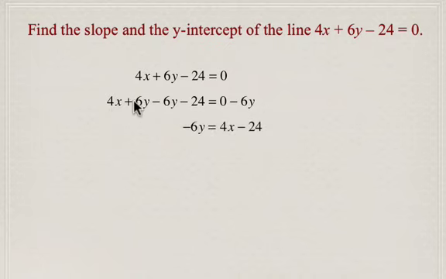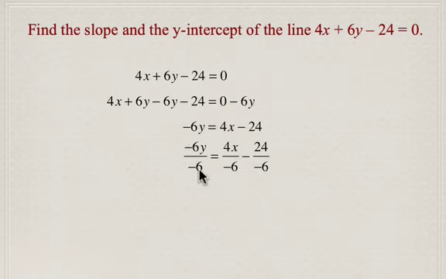And the plus 6y minus 6y simplifies to 0, so we're left with 4x minus 24, which we're bringing over to the right-hand side. And what we have to do now is, this is negative 6 times y, so we have to divide. Since it's multiplication, we have to divide everything on both sides of the equation by the negative 6.